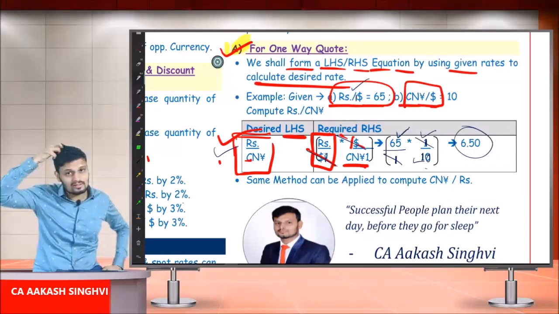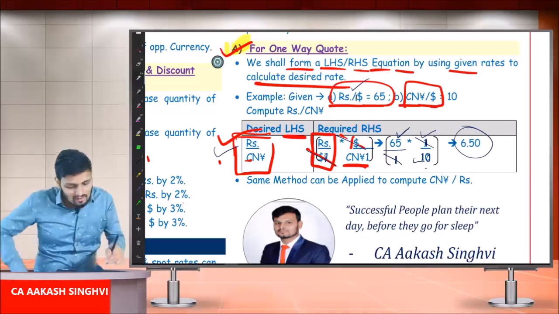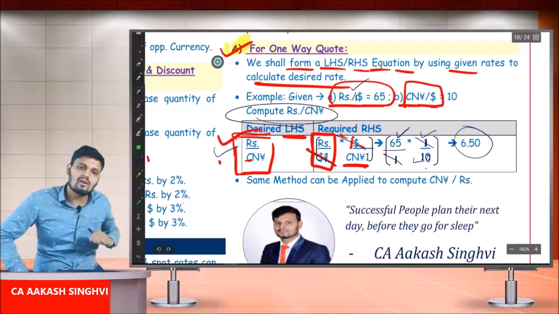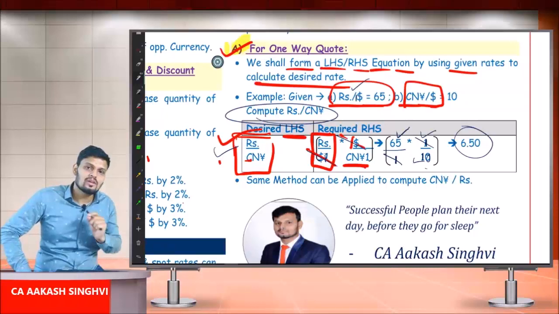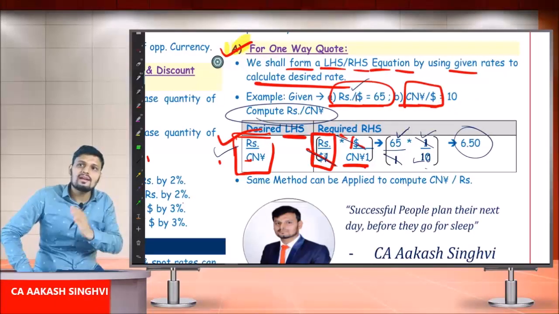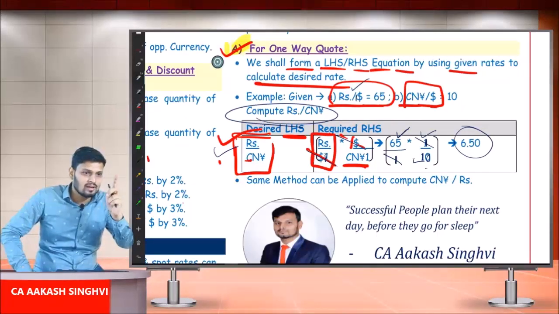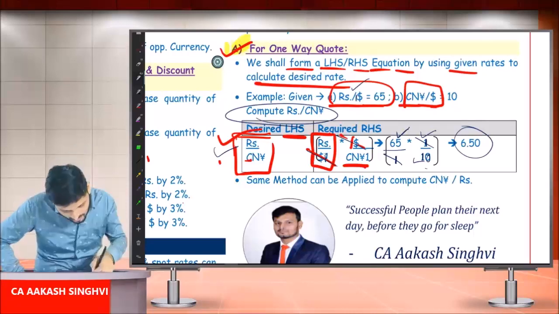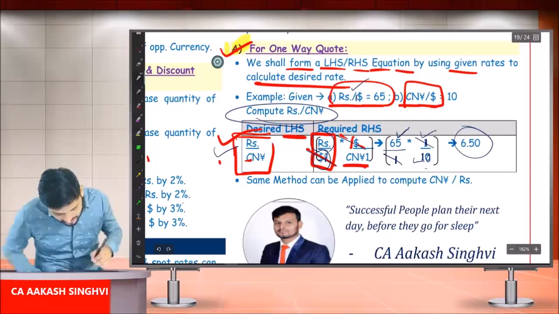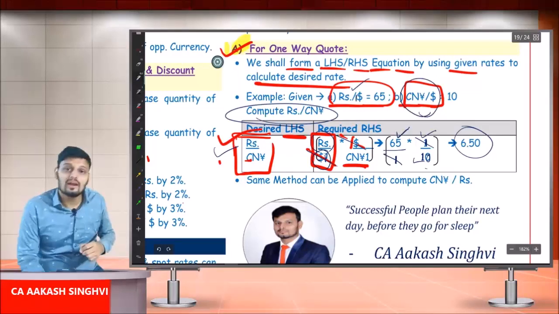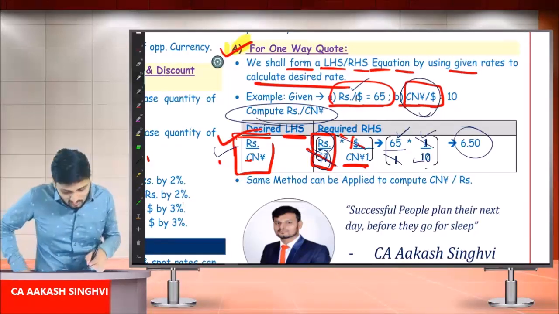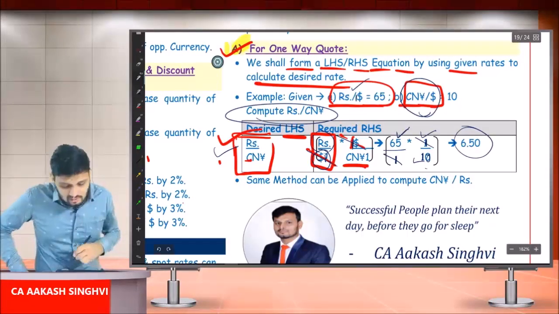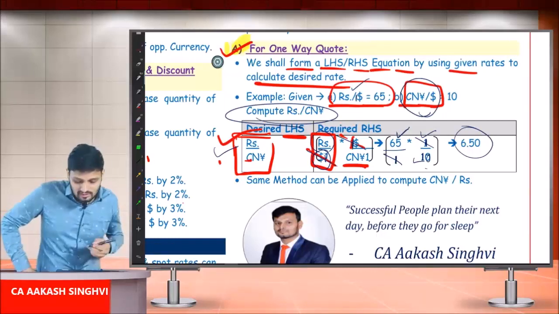Now how to remember this? LHS will always be given in the question. Rupees per Chinese yen will always be given in the question, so that becomes your LHS. Your right hand side should be in such a way that rupees is in the numerator and Chinese yen is in the denominator. So keeping rupee per dollar, but here they have given you the rate of dollar, hence we change this into dollar divided by Chinese yen, which is 1 divided by 10.